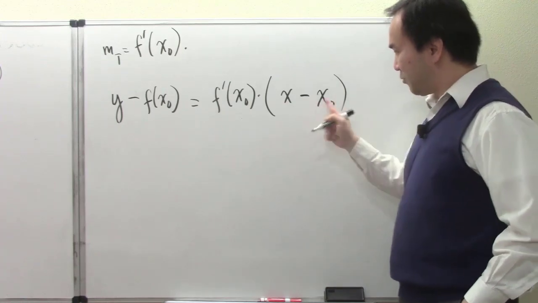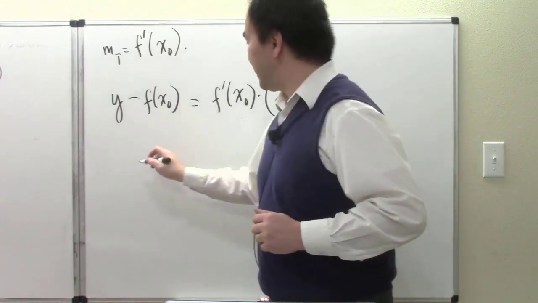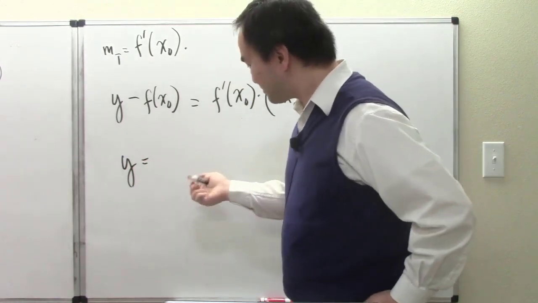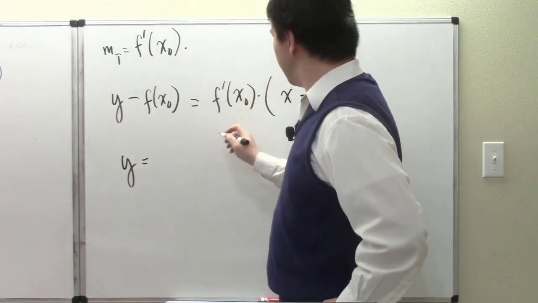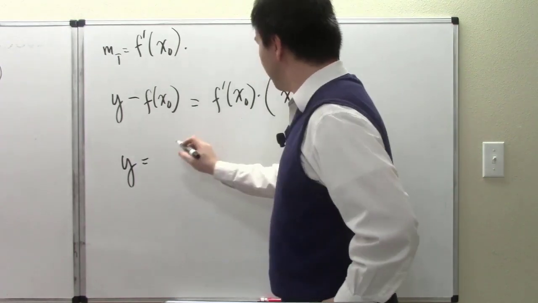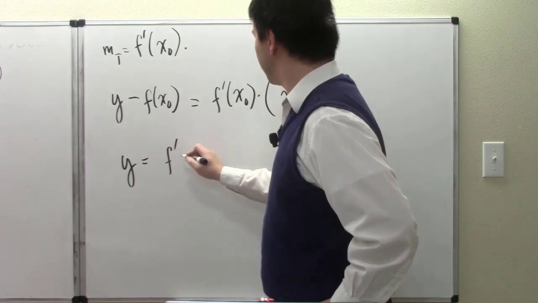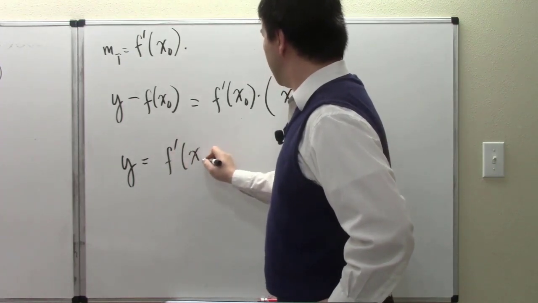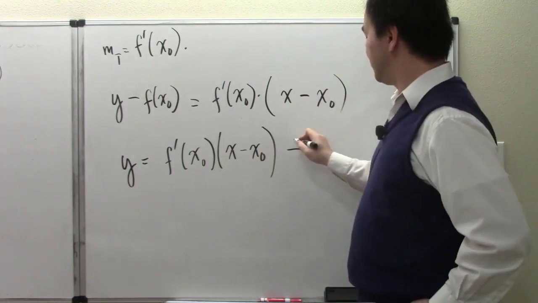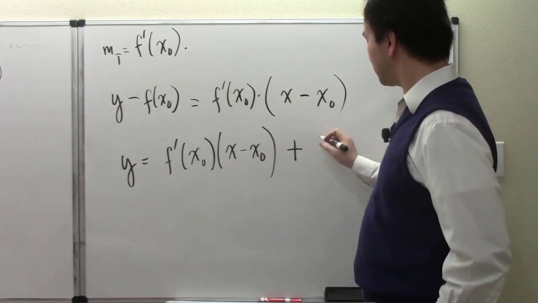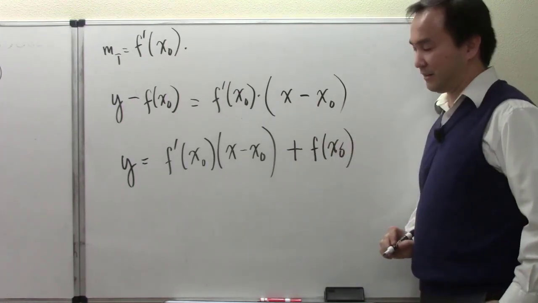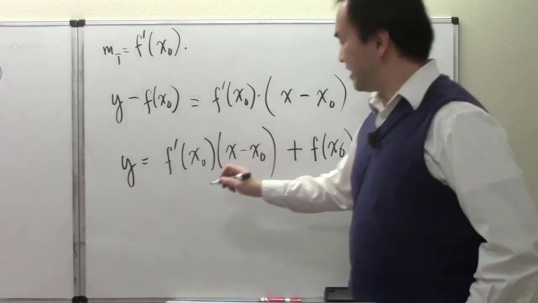Now from this, I can easily rewrite my equation into the slope-intercept form. So this gives me y equals f′(x₀) multiplied by (x minus x₀), plus f(x₀).